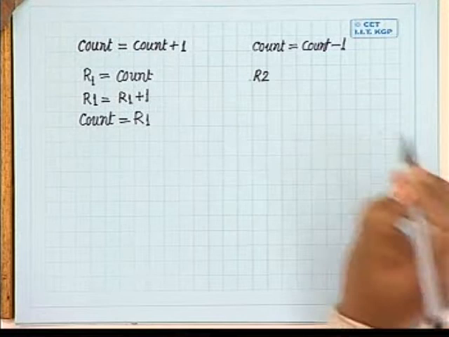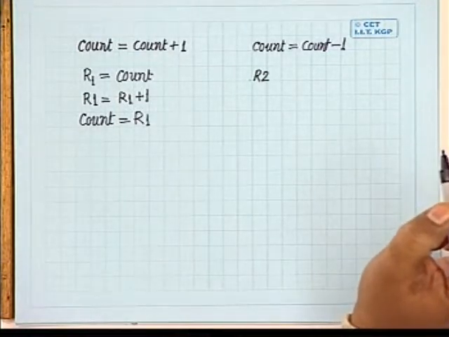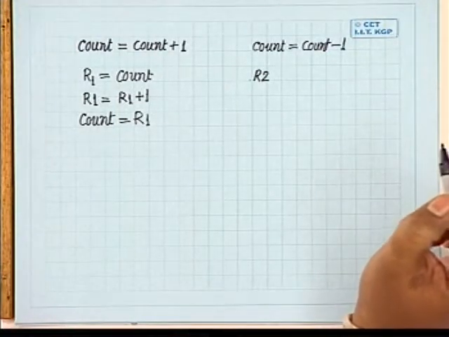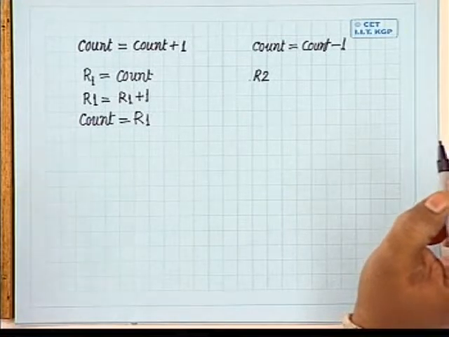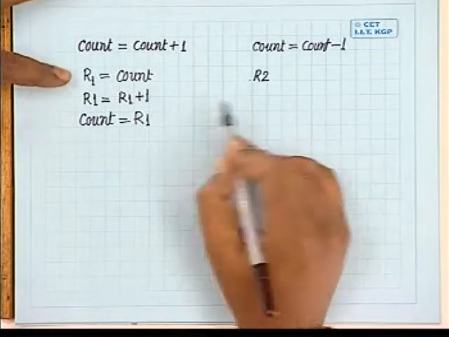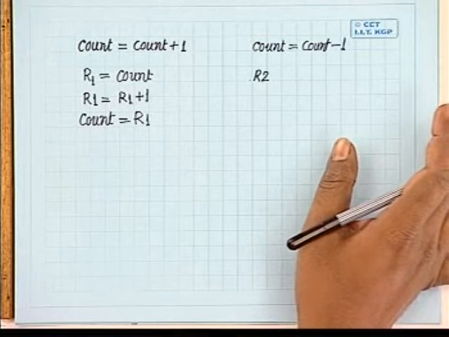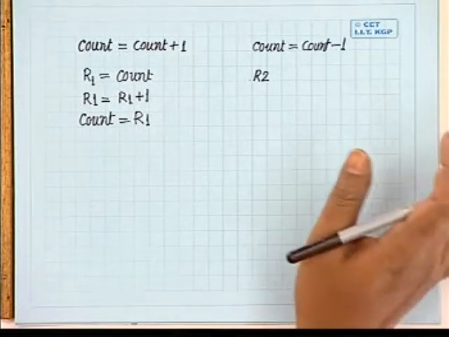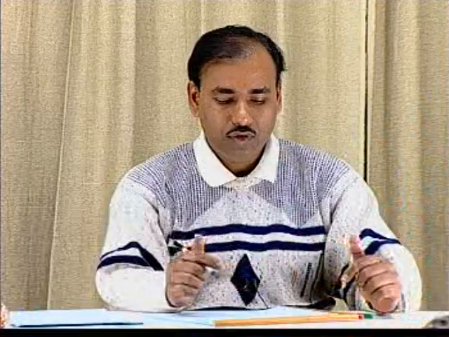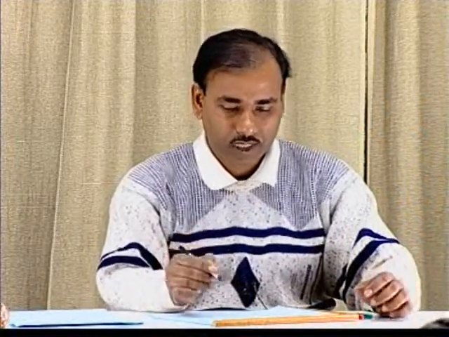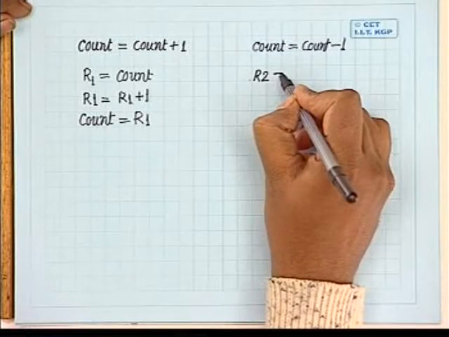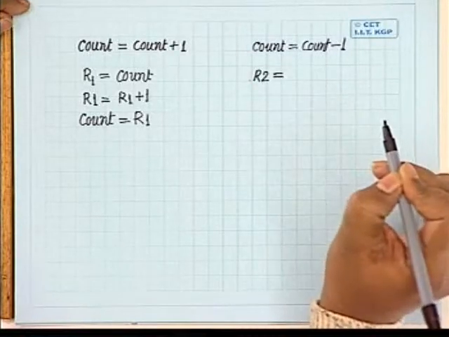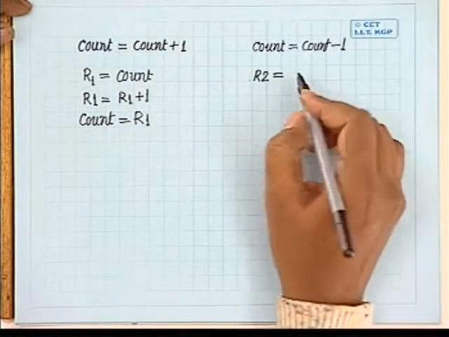Now let us assume that register R2 of the CPU will be used for decrementation purpose. Now R2 and R1 may be the same registers used by two different processes at two different instants of time. But there is no harm if I assume R2 to be different from R1.